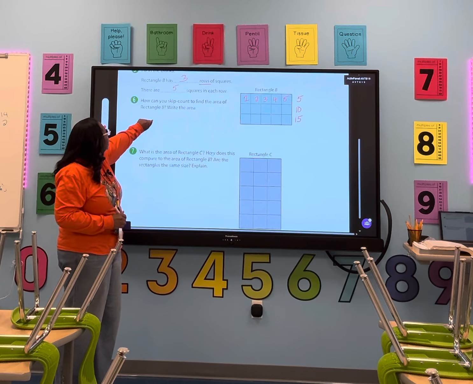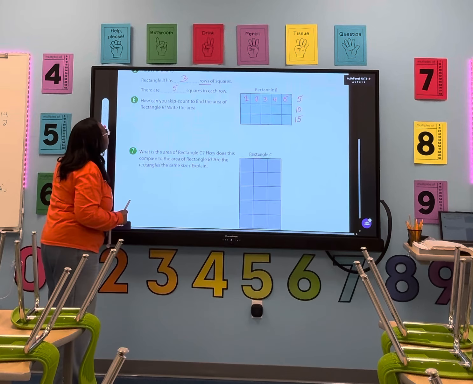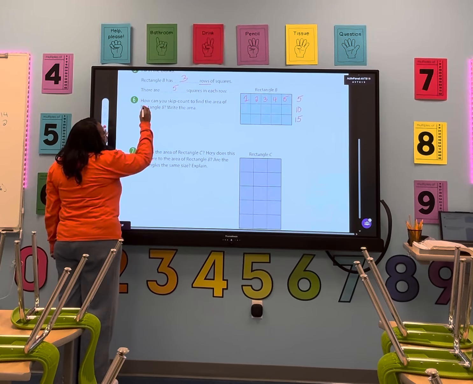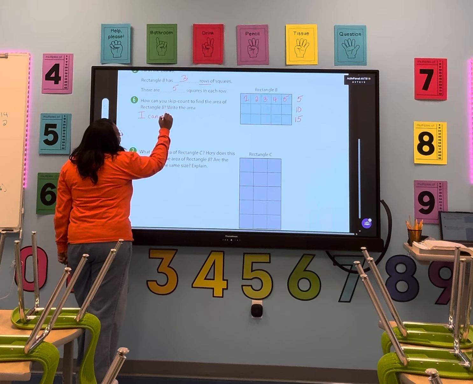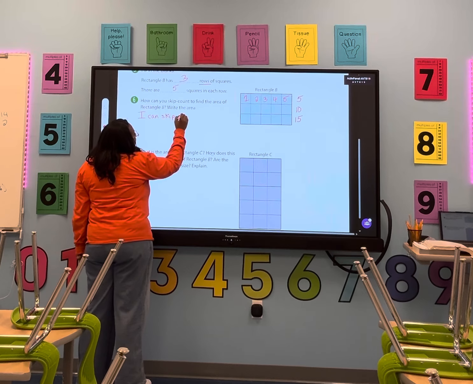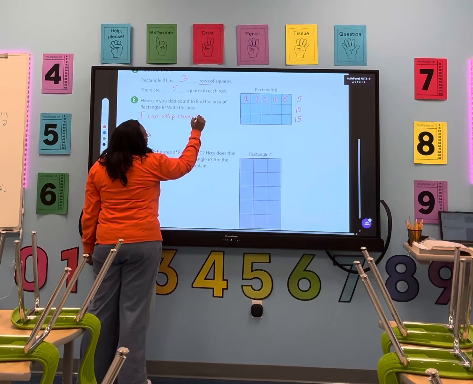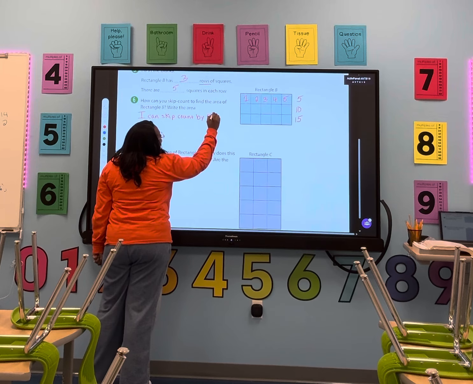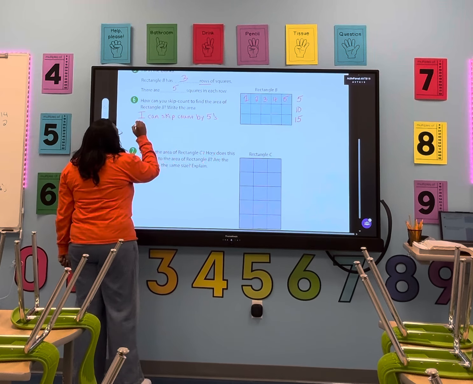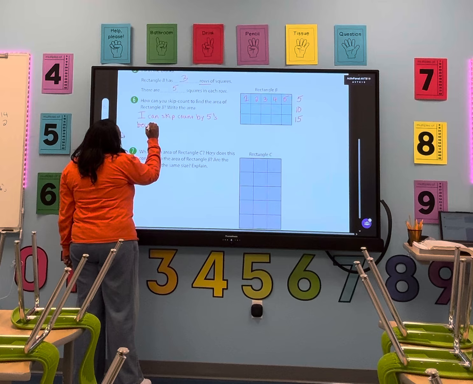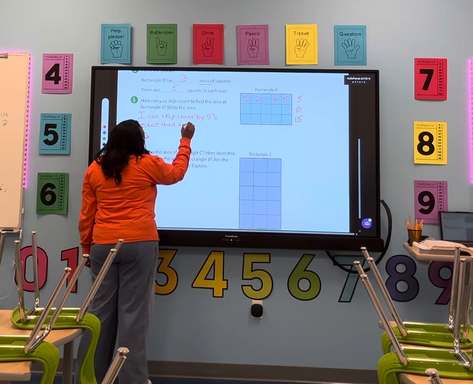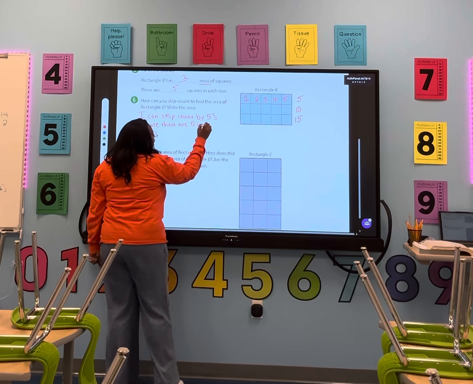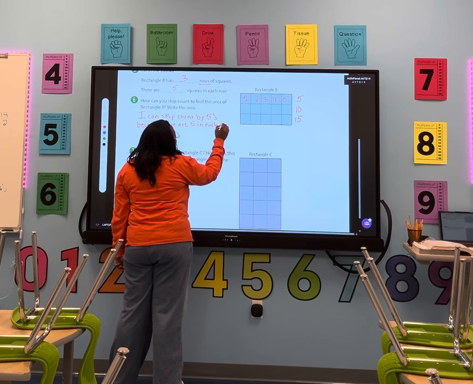So let's answer the question, how can you skip count to find the area of rectangle B? You can say, I can skip count by 5 because there are 5 in each row.